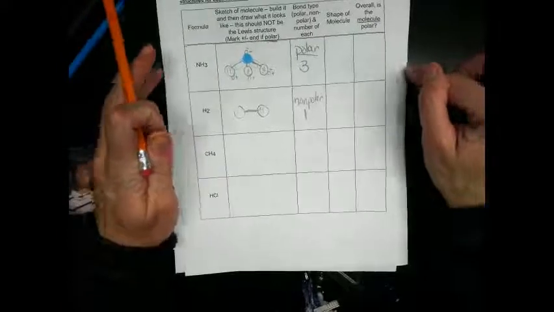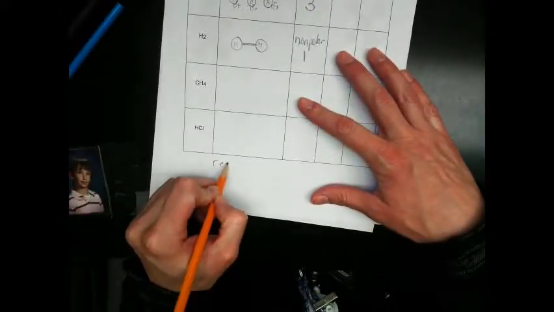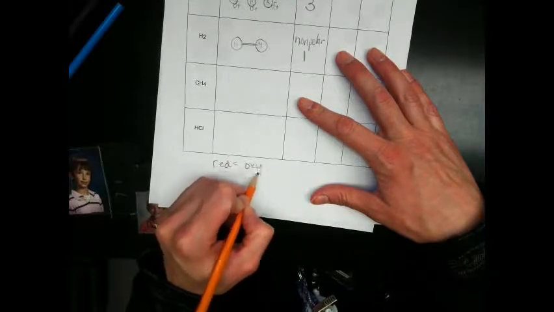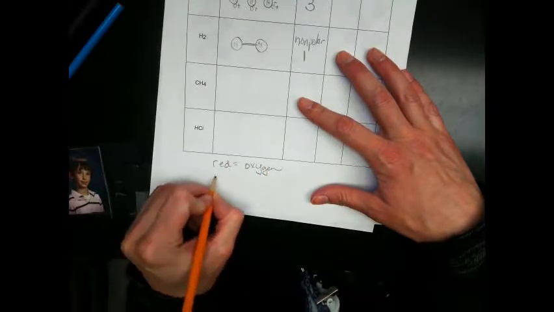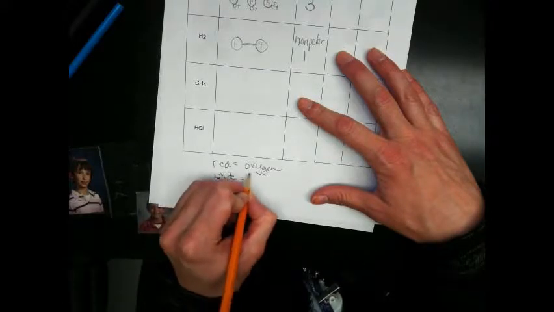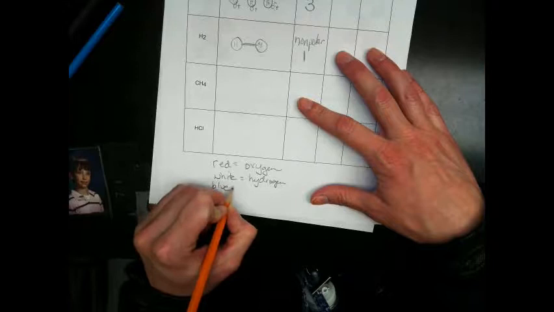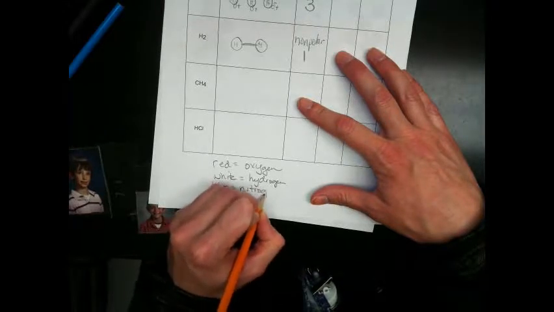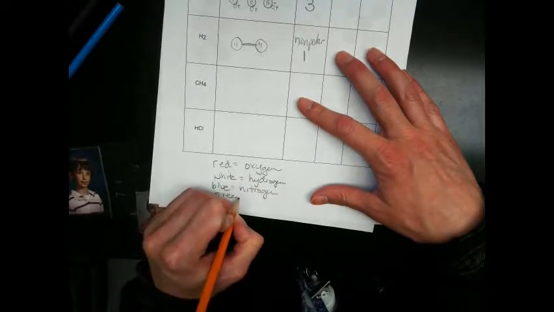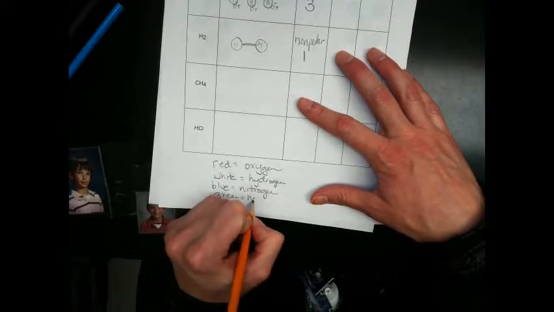So when you're completing these, you're going to use as your key, red is going to be oxygen. The white, we've already identified as hydrogen. The blue is nitrogen. And then our greens are halogens. Yes, I expect you to know what the halogens are.